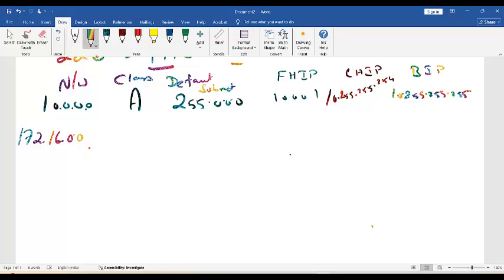172.16.0.0. One of you answer what class it is. Class B. What will be the default subnet mask? 255.255.0.0. What is the first IP? 172.16.0.1. What is the last or broadcast?